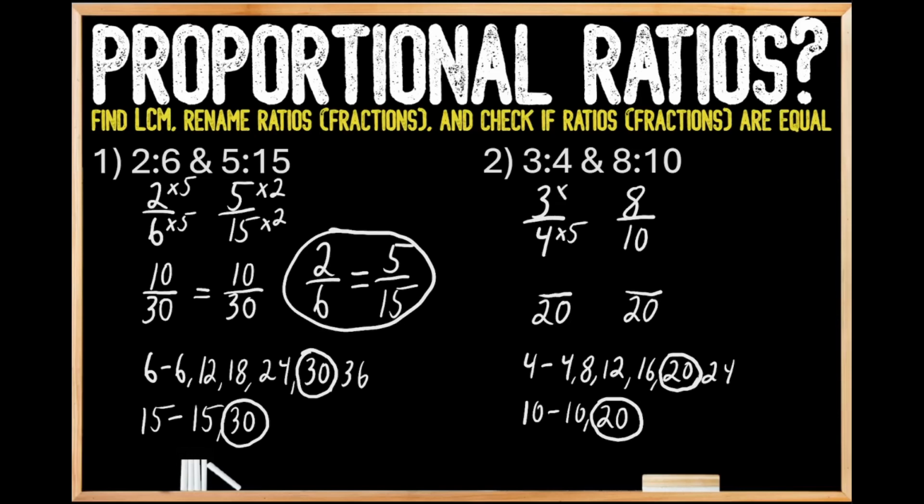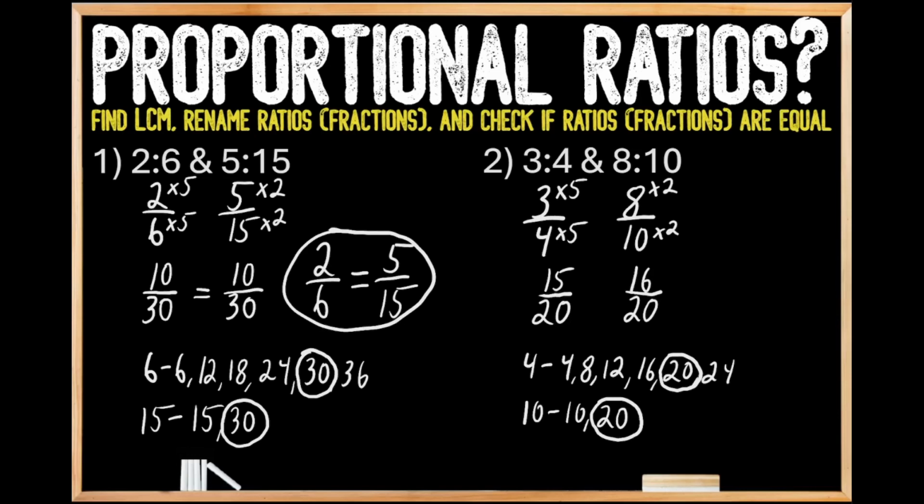We're going to multiply 3 times 5, which gives us 15 for the equivalent ratio of 15 to 20. For our second ratio, we had to multiply 10 times 2 to get 20. So we do the same thing to our top term, and when we multiply 8 times 2, we get 16 for the equivalent ratio of 16 to 20.